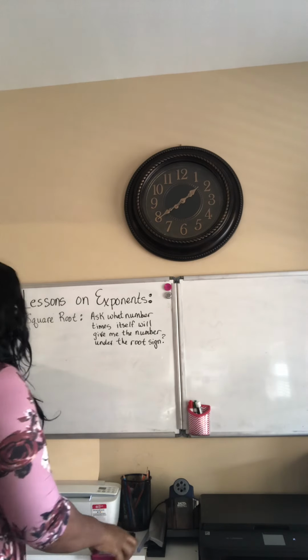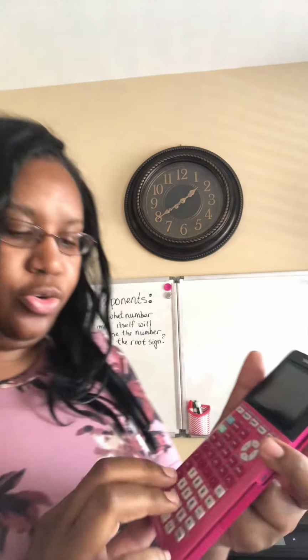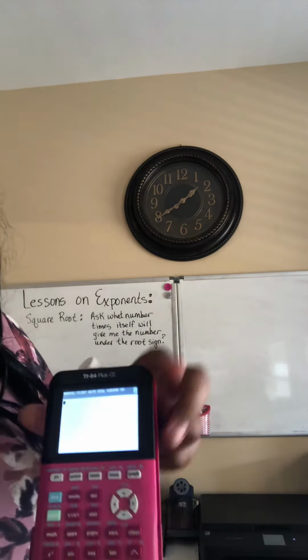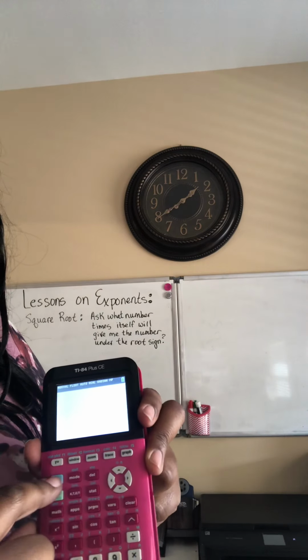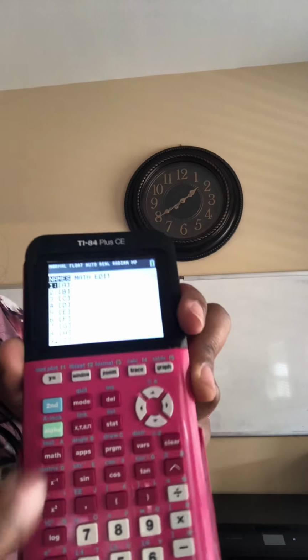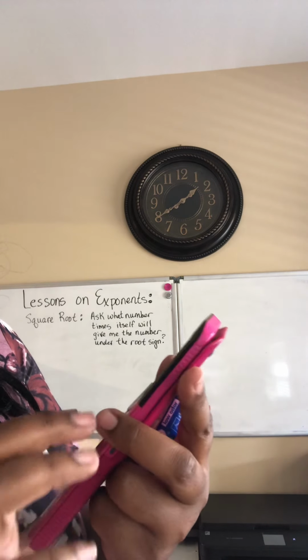Now, almost every calculator does have that square root symbol. On my calculator, and I think on the TI-30 it's the same way, you hit the second button and then you hit the button that says x squared, and you type in, let's make sure I hit the right thing. Yeah, there we go.